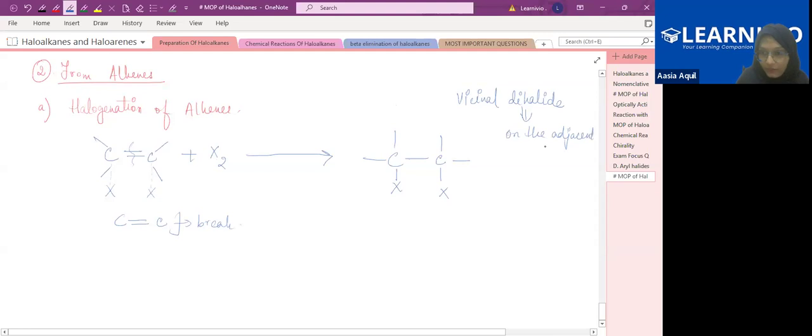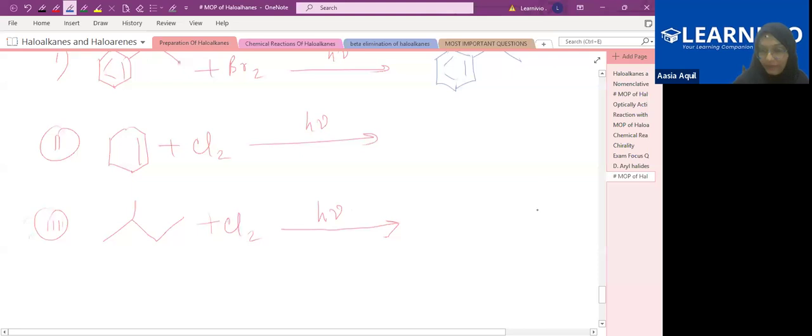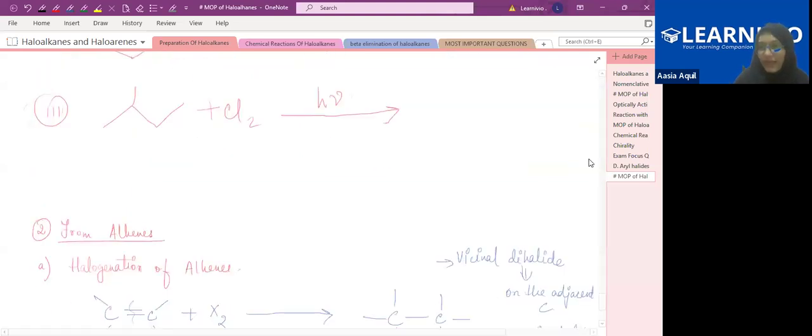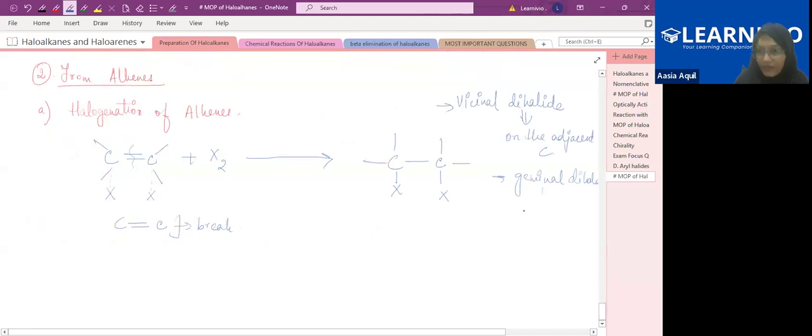And one more term is geminal dihalide. Geminal dihalide is the type of halide where the halogens are present on the same carbon atom.